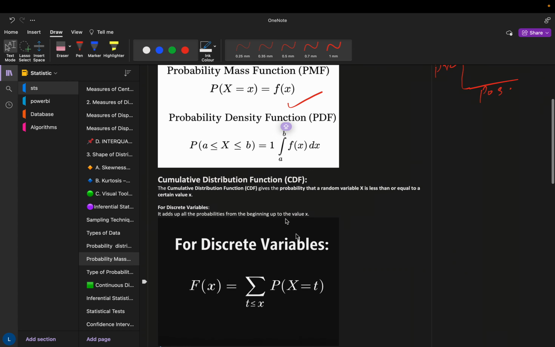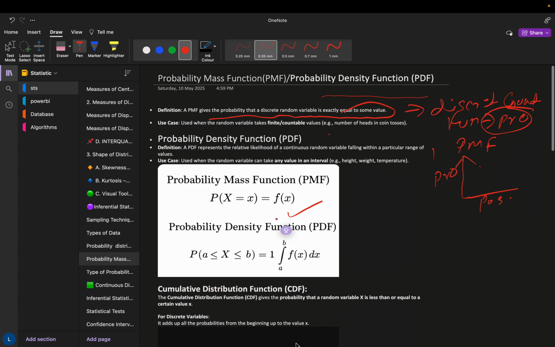Alright, now speaking about probability density function, by name only. As I previously said, when we have a continuous type of data, in that situation we use a function known as probability density function.